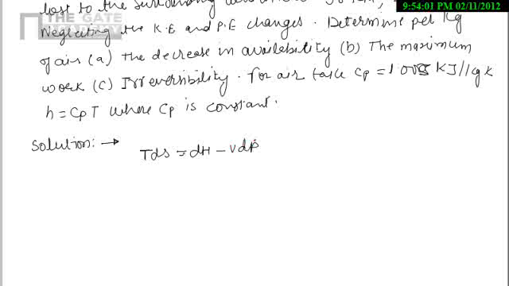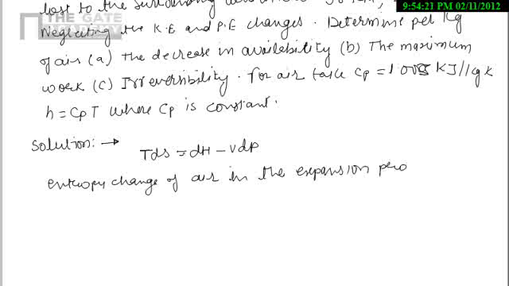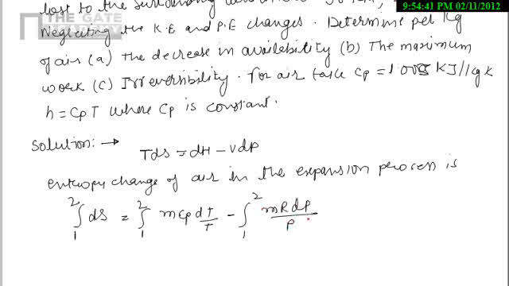So the entropy change of the air in the expansion process is dS, from 1 to 2, equals integral from 1 to 2 of m Cp dT by T minus integral from 1 to 2 of mR dP by P.